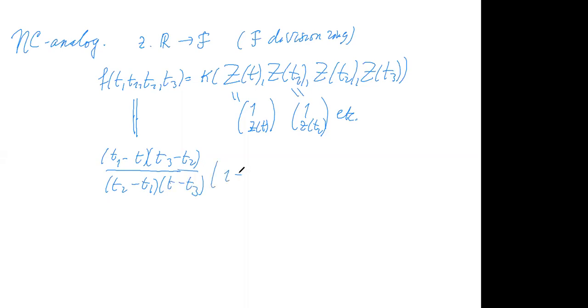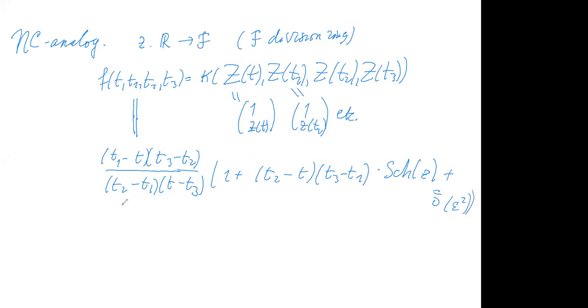Times 1 plus an infinitesimal part, t2 minus t, t3 minus t1, and now here comes the noncommutative Schwartzian of z rather than of f, plus O of epsilon square.